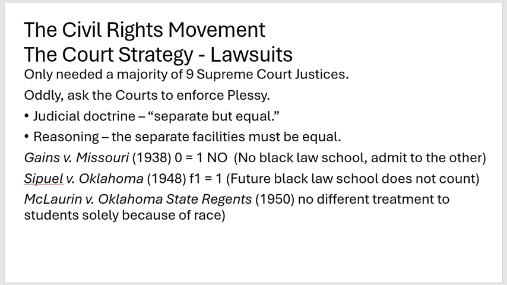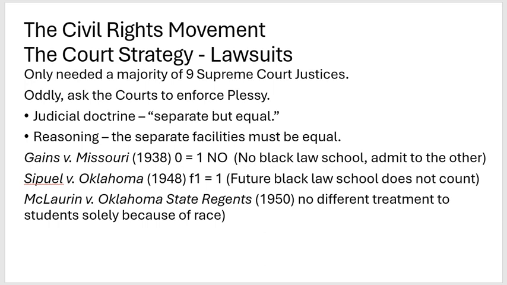And so they also pursued a judicial strategy in which they only needed to get a majority of the 9 Supreme Court justices to agree with them to start to achieve some equal civil rights. So it's odd, but the civil rights strategy, the court strategy, initially pursued a path that seems completely odd. They asked the Supreme Court to enforce Plessy versus Ferguson.